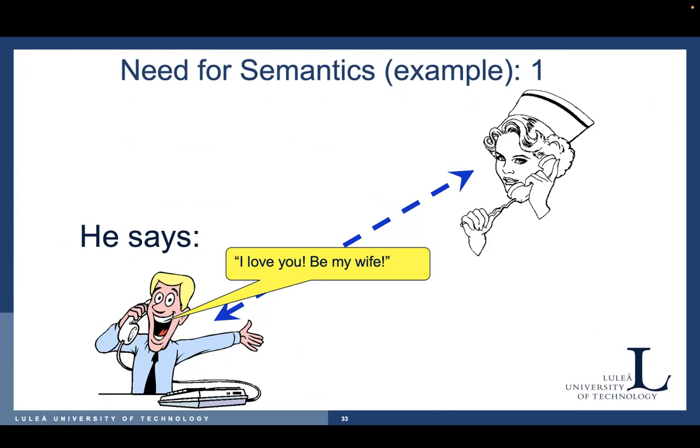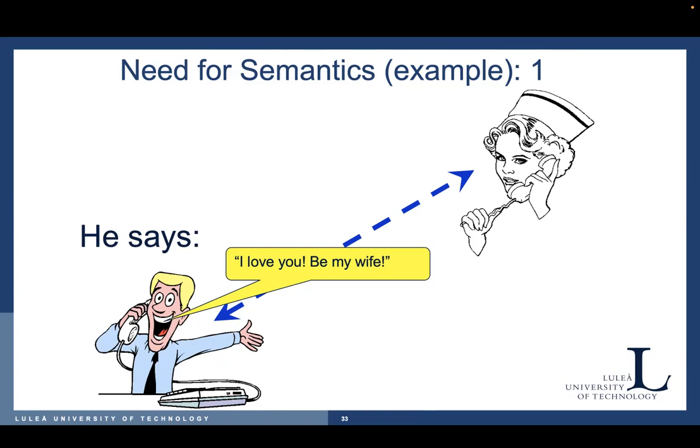So let's consider this case and let's think about challenges for introducing semantics, or automating semantic descriptions and reasoning based on semantics. A simple example is communication between people. We use different modes of communication.